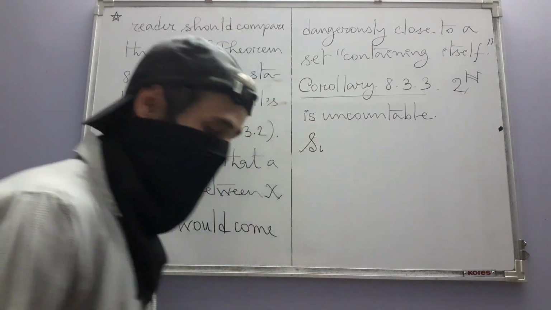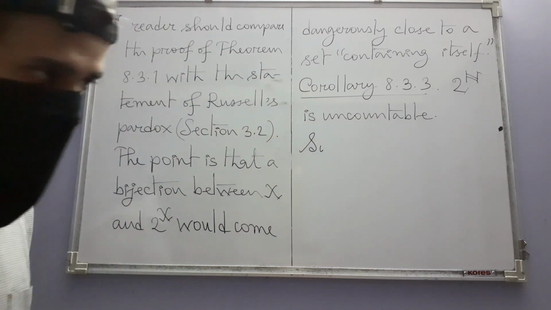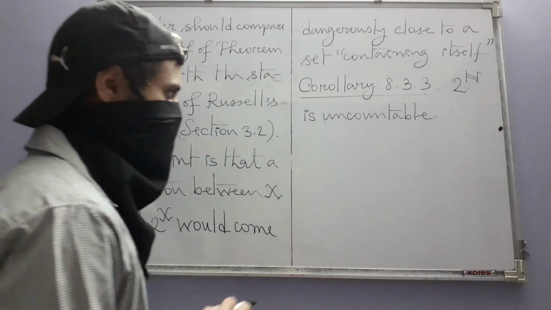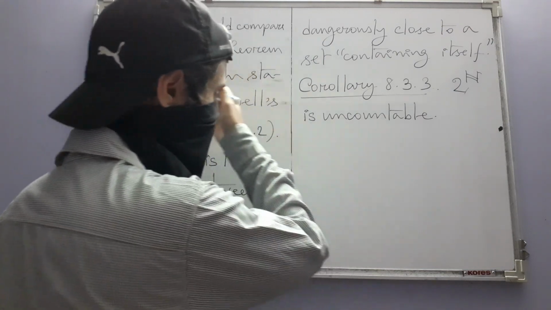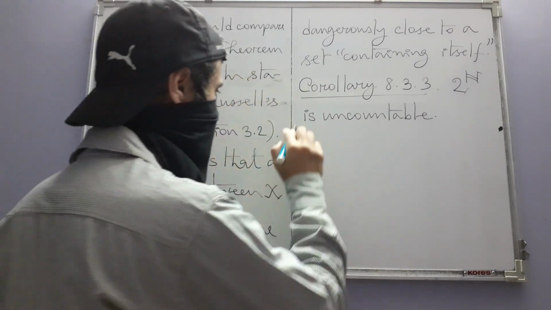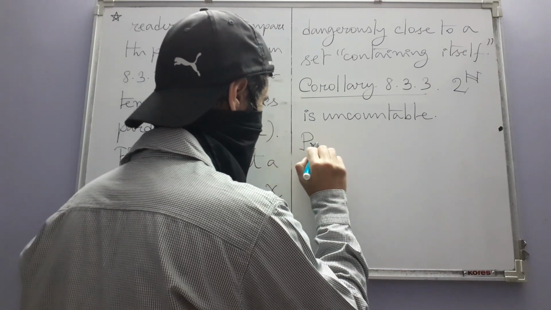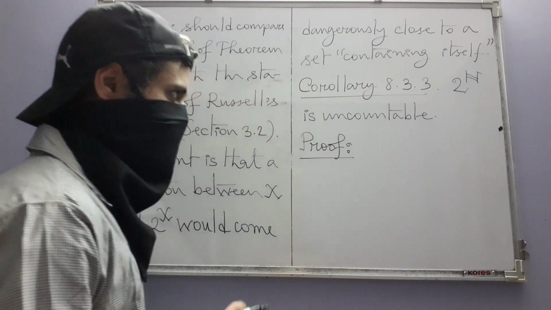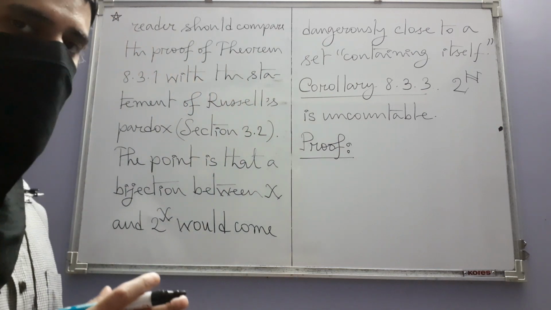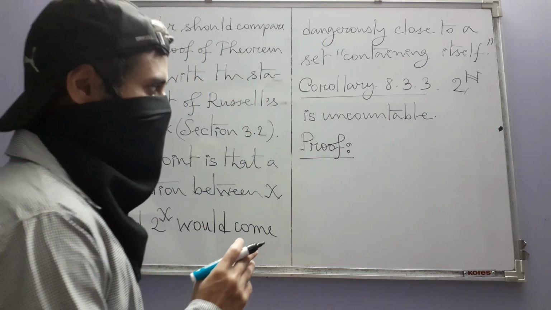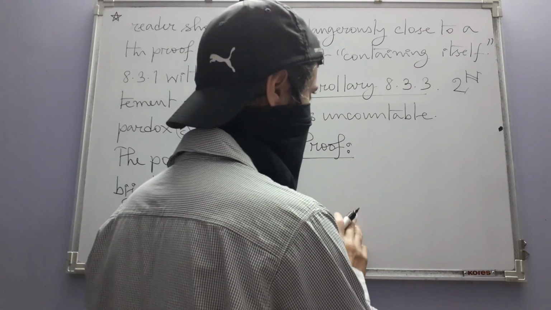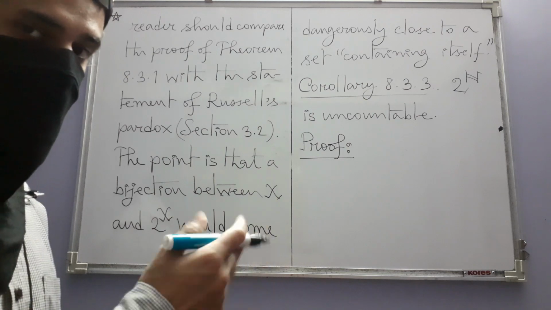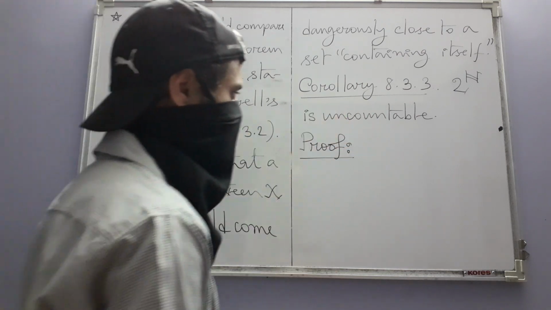And this is the proof. And in doing so, we are going to use our Cantor's theorem. So Cantor's theorem immediately says what? It states that there is no bijection between the set of natural numbers and its power set, which is this.